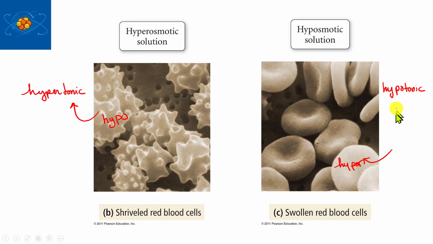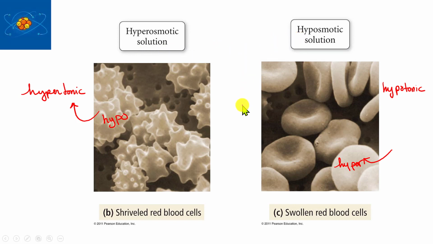And this actually doesn't have to do with the concentration of the solute just by itself. For a lot of ionic compounds that can't cross the membrane of the cell, these two terms, hypertonic and hypotonic, and hyperosmotic and hypoosmotic, can be the same.